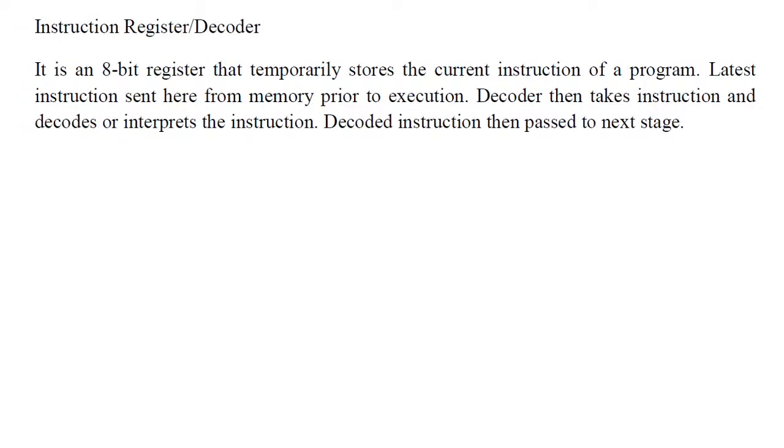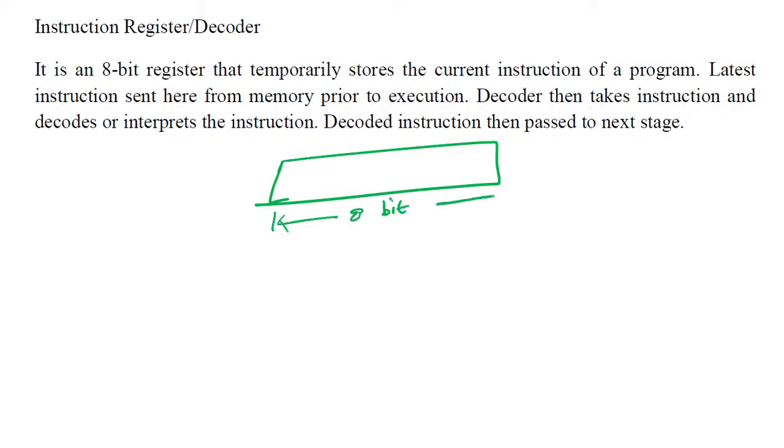Then we have the instruction register and the instruction decoder. The instruction register is an 8-bit register that will keep the instruction. For example, if you have a load instruction, it will be held in this 8-bit register, which is connected to the decoder.